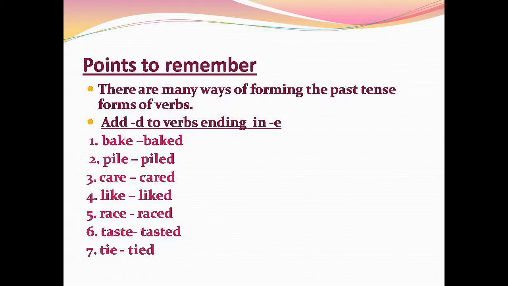Points to remember. There are many ways of forming the past tense forms of verbs. Number 1, add d to verbs ending in e. If a verb in present form has e at the end, we need to add d to change it into past form.